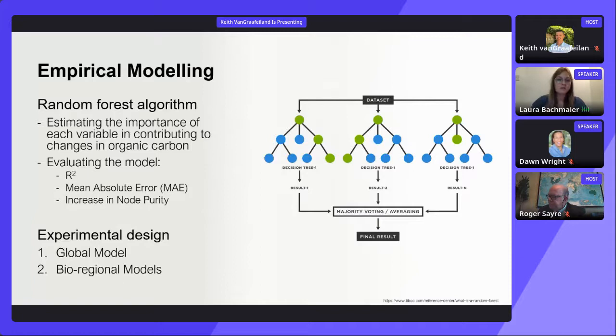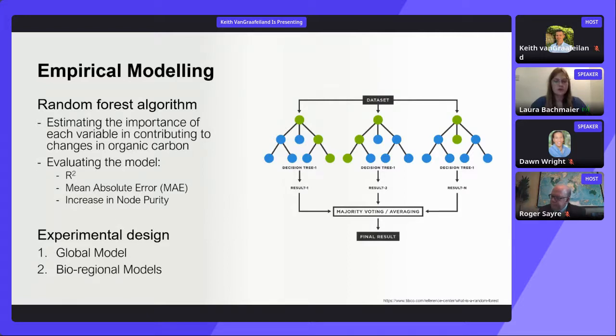This process allows us to assess the importance of each variable in contributing to the variation in organic carbon. The final step is it takes all these trees and takes an average across them to get a highly accurate overall model.